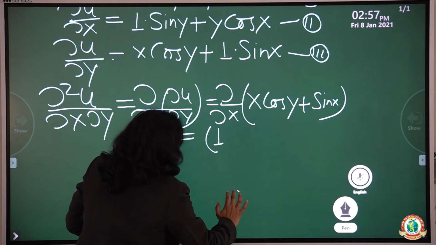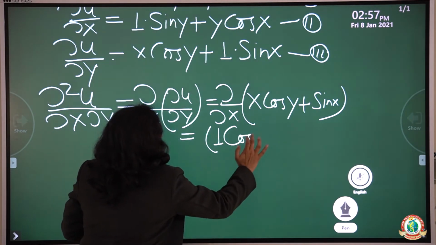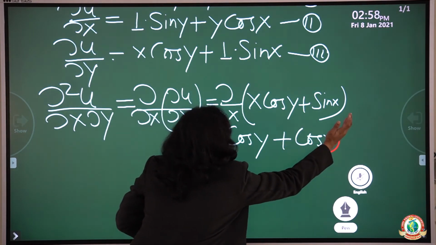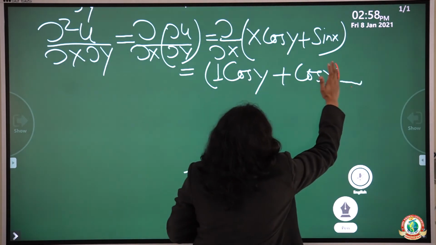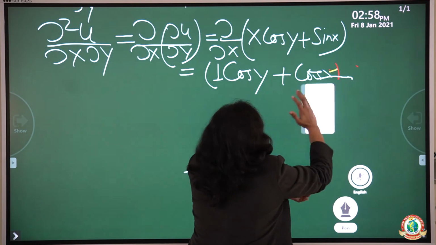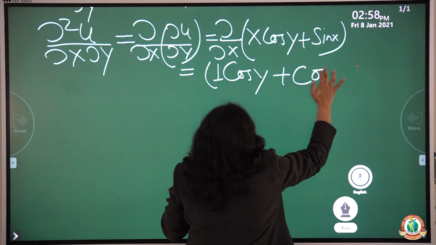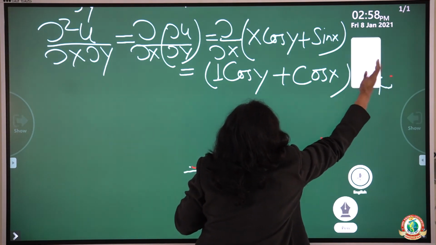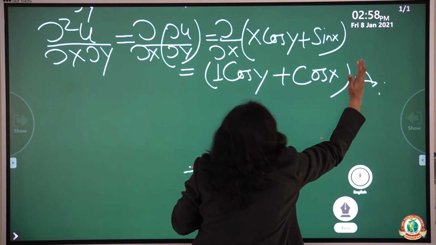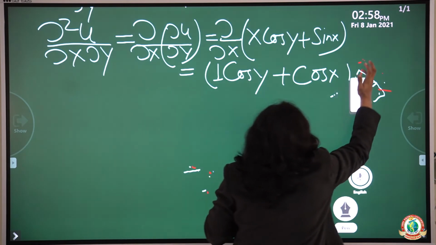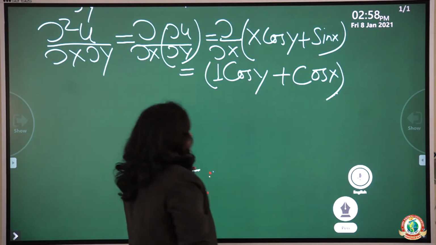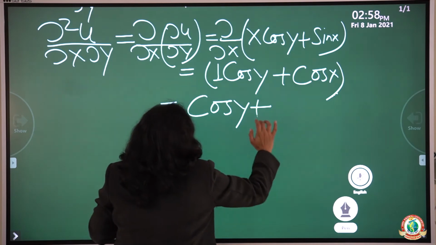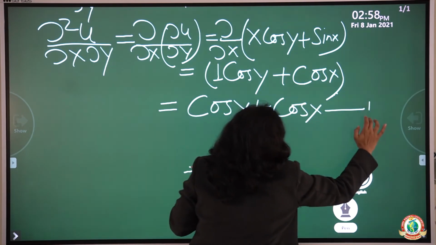One in cos y plus cos x, so it is equal to cos y plus cos x. This is the fourth equation.